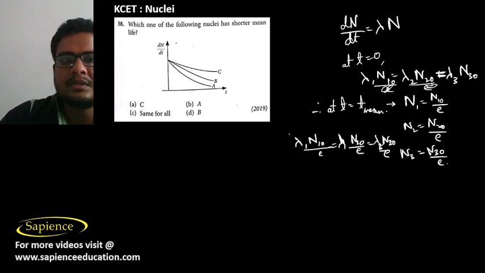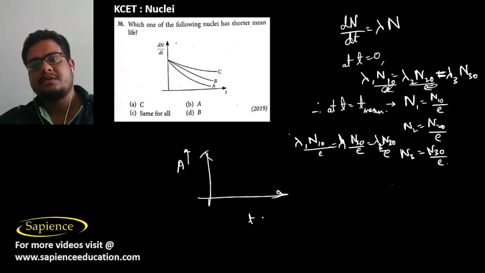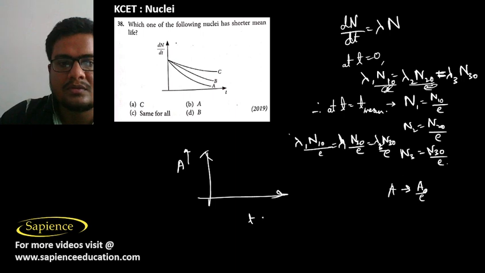Therefore their activity, so it is the graph of activity versus time. The activity will also change to activity by e, since the initial activity is by e. So this will be the graph, this is activity, this will be A naught, so A naught by e.